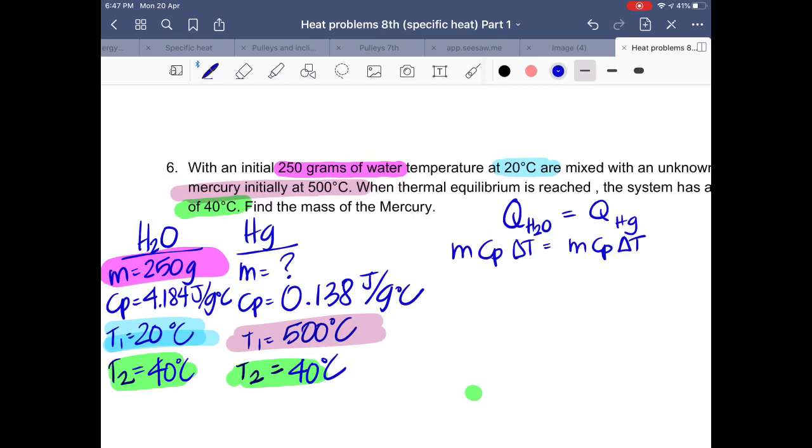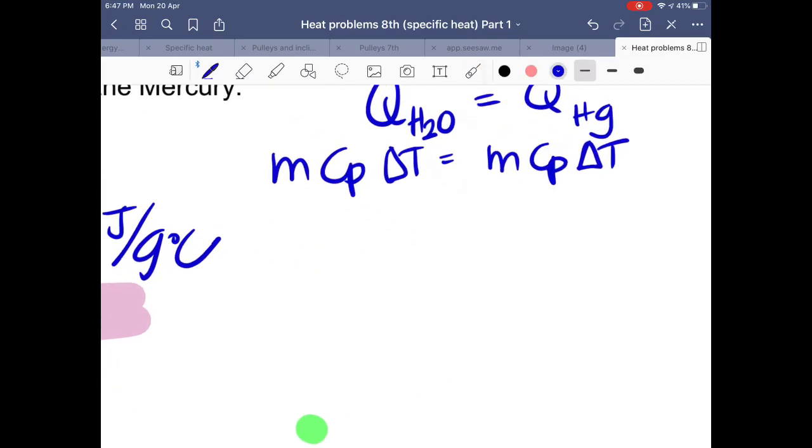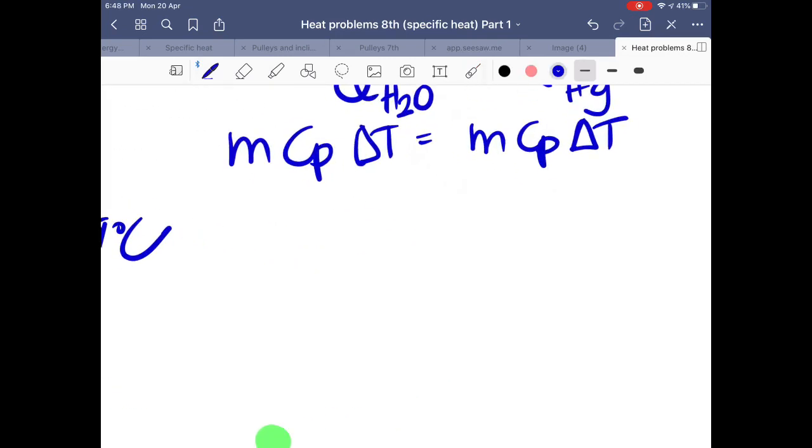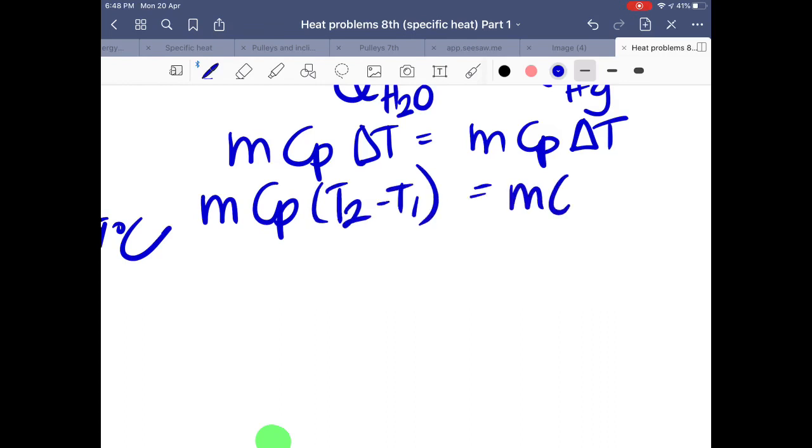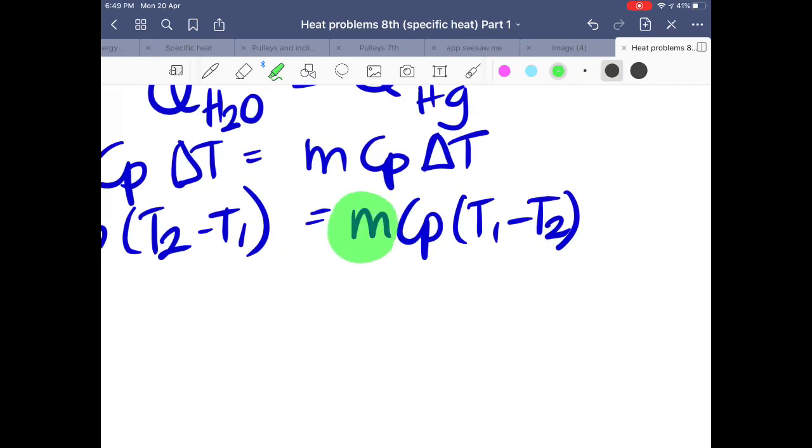We can observe that this one is temperature 2 minus temperature 1. So you have mass times specific heat times temperature 2 minus temperature 1 equals mass times specific heat times temperature 1 minus temperature 2.